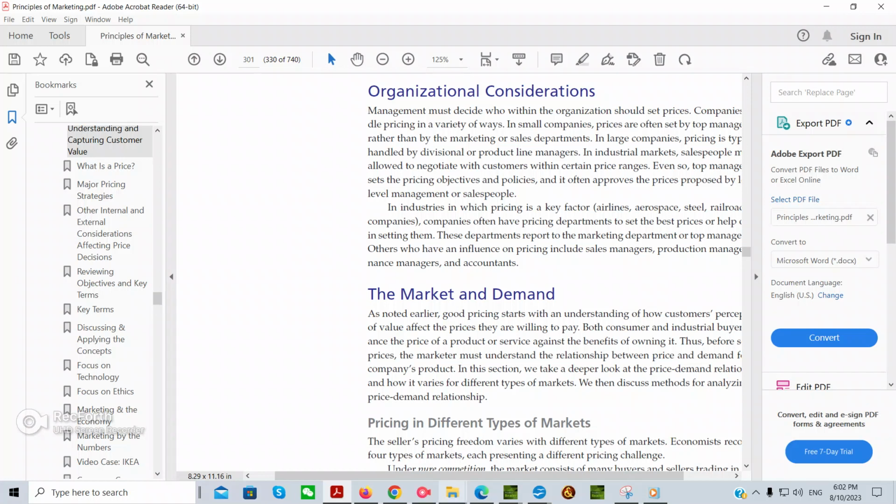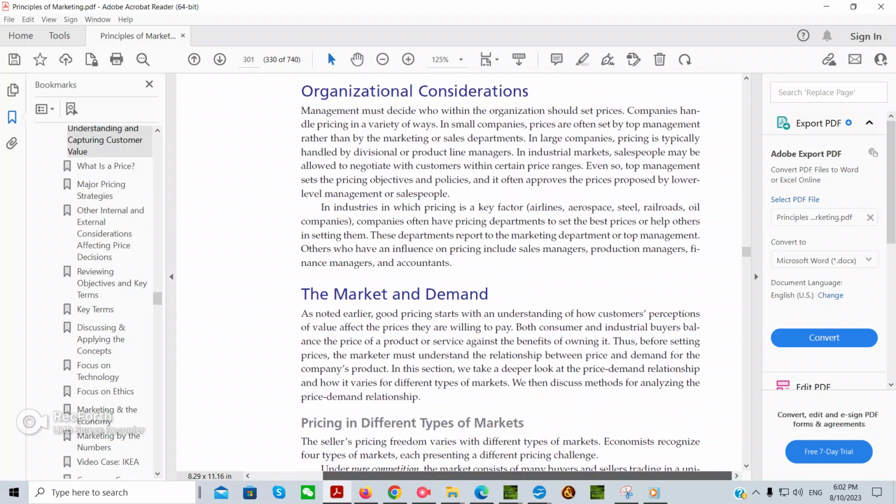Okay? Now let's talk about organizational considerations. Management must decide who within organizations should set prices. Companies handle pricing in a variety of ways. In small companies, prices are often set by top management rather than marketing or sales departments. In large companies, pricing is typically handled by divisional or product line managers.